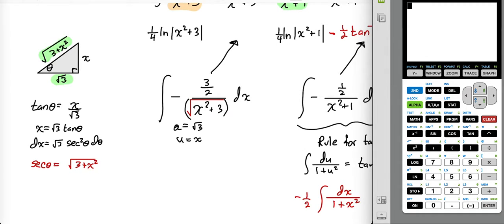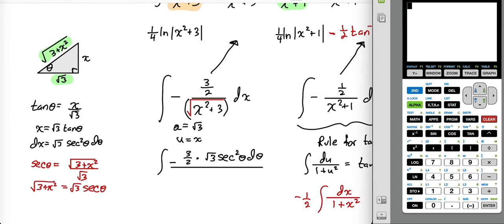So radical 3 plus x squared is going to be radical 3 secant of theta. All right, so I can make my substitutions now. I've got the negative, and I've got the 3 over 2, and that dx, I'll put up with the 3 over 2, is now radical 3 secant squared theta d theta.